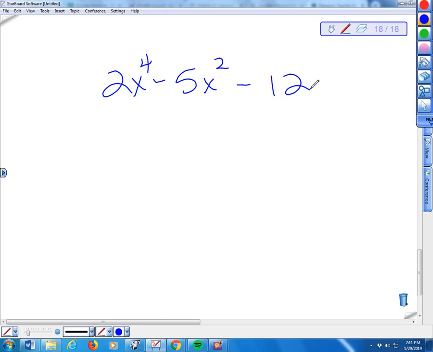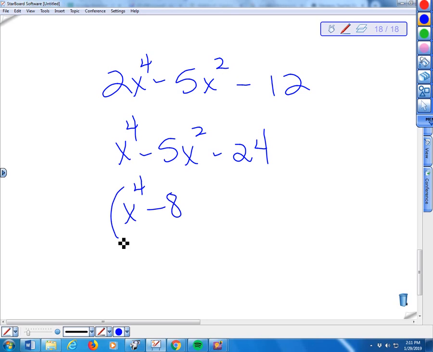So I'm going to treat it like a quadratic and go ahead and multiply the 2 times the negative 12. Look for factors of negative 24 that add up to negative 5: negative 8, positive 3. This would be x squared.